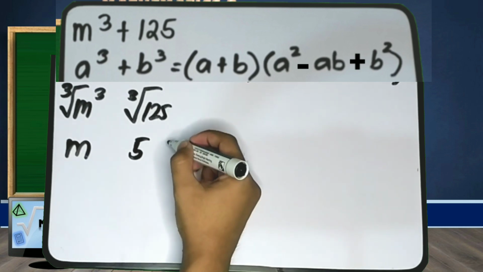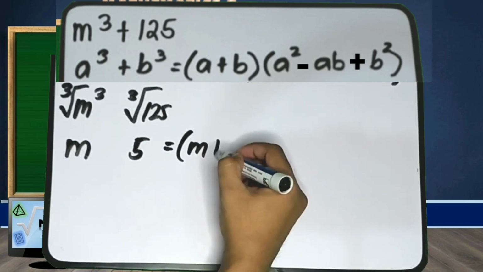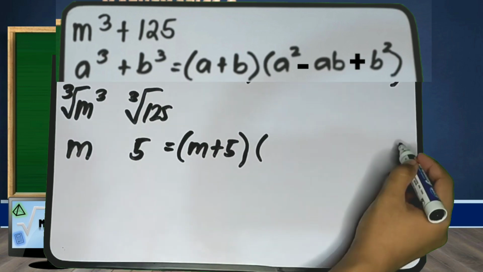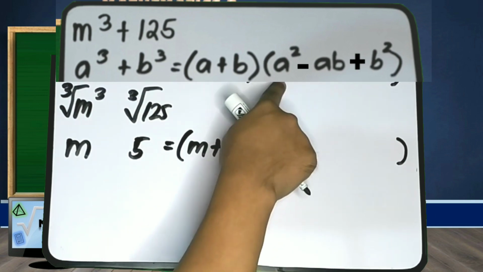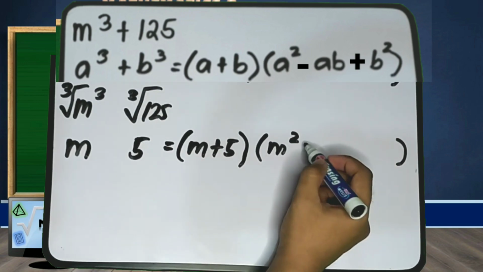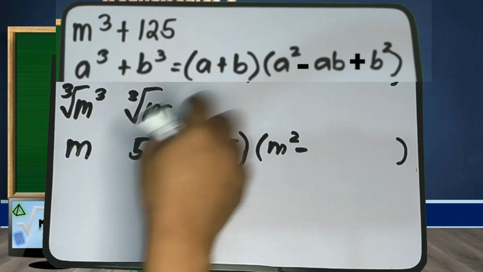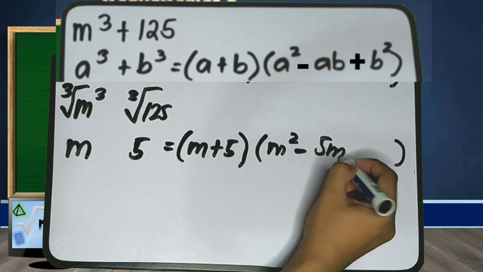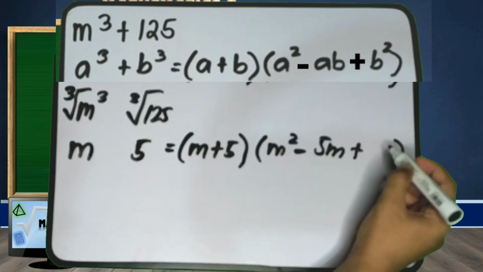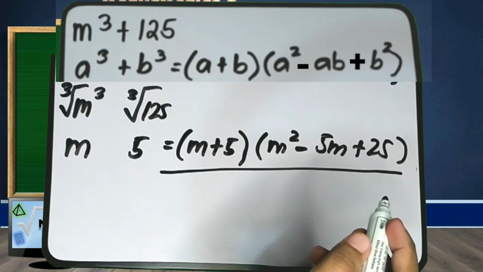And then let's substitute. So it becomes m plus 5 times the quantity, squared the first term, so m squared, then minus ab, so m times 5, 5m, plus the square of the second term, 25. So this is now our answer.